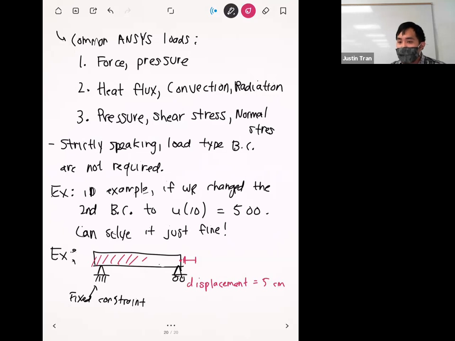Oh, that's a good question. In this situation, we're forcing the beam to deform. Because of that, there are going to be internal stresses within the beam that want to return the beam to its resting configuration. If you take a pen and forcibly stretch it, even though you are applying a force to stretch it, another way you can describe it is, I'm forcing the tip of this pen to displace maybe a centimeter.